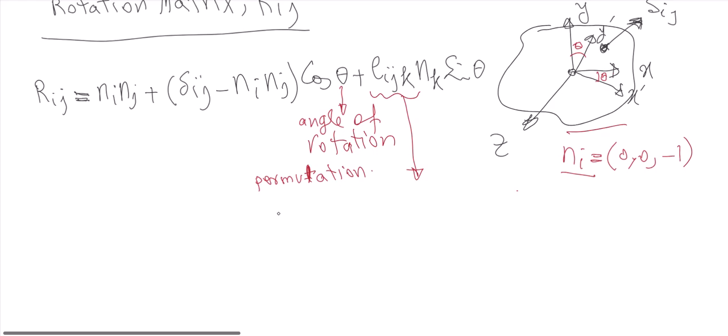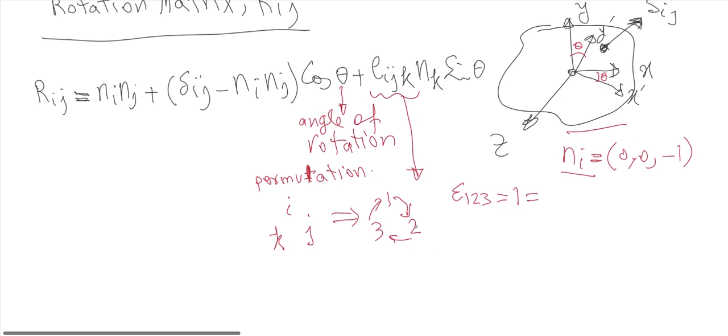If the indices of epsilon ijk are in order like 1, 2, 3, in this order, clockwise shall we say, then epsilon 1, 2, 3 is 1.